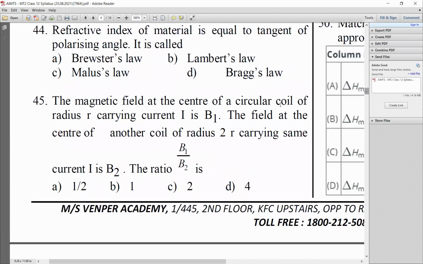45. The magnetic field at the center of a circular coil of radius r carrying current I is B1. The field at the center of another coil of radius 2r with the same current I is B2. Ratio B1 by B2. So there are two coils. Let's say this is coil 1, this is coil 2.